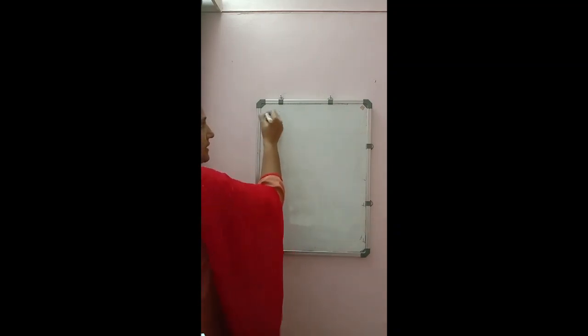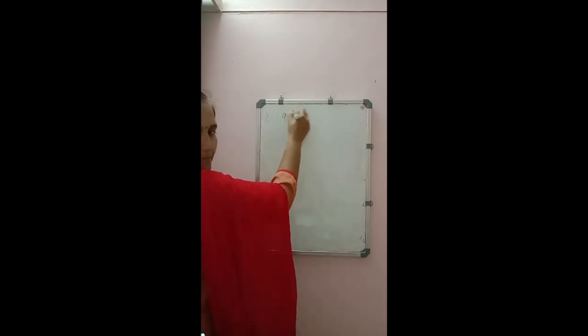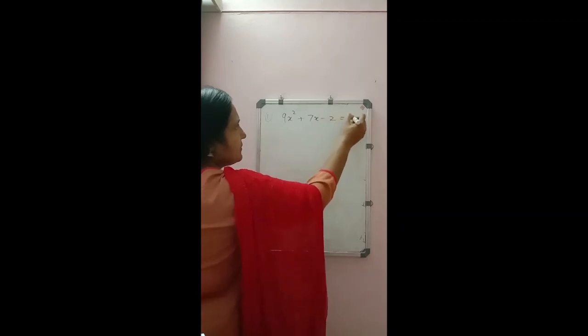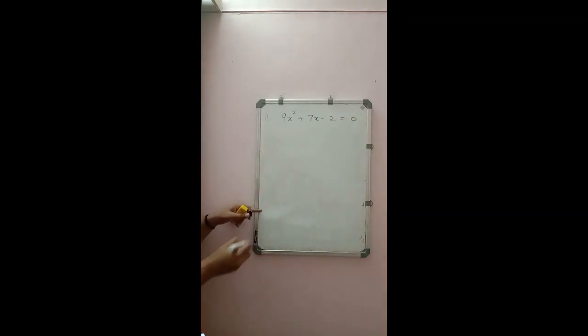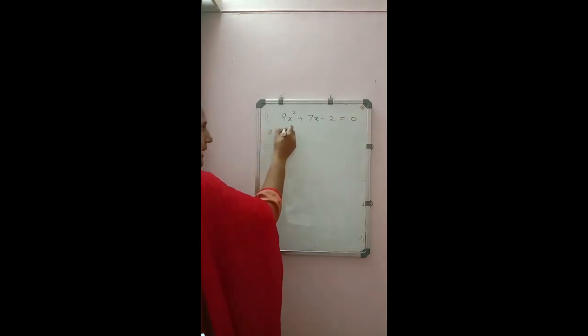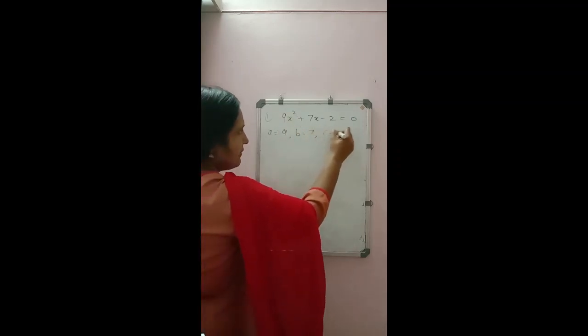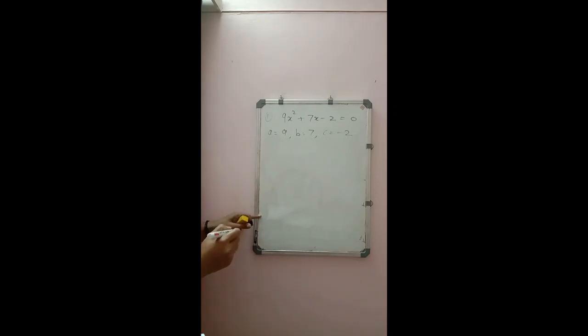The first question is 9x square plus 7x minus 2 is equal to 0. If you check here, the value of a is equal to 9, b is equal to 7, and we will have c is equal to minus 2. We have to find out the nature of roots first.